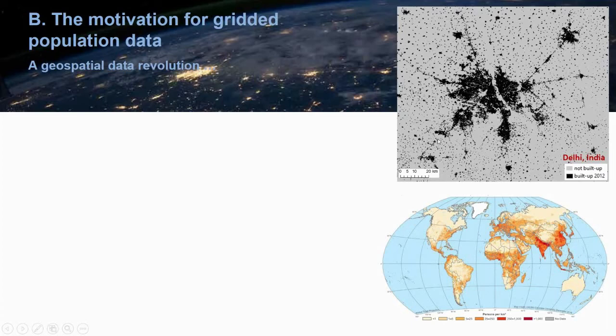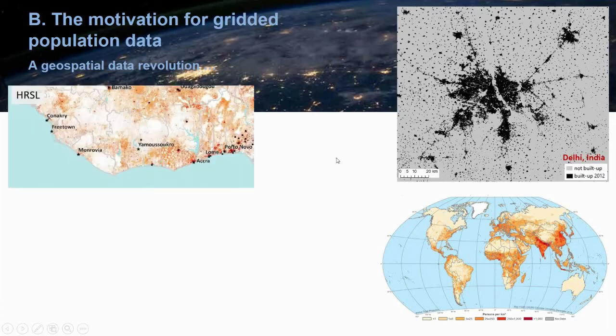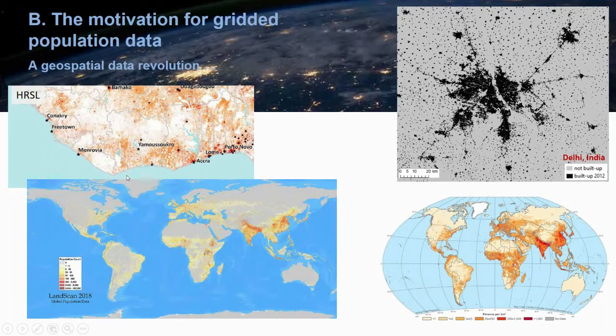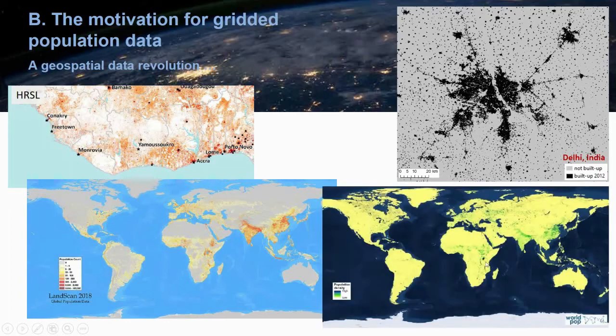The Global Urban Footprint has been used for deriving population layers. The High Resolution Settlement Layer, a collaboration of Facebook and CIESIN, to derive very fine resolution population estimates. LandScan by the Oak Ridge National Laboratory, as well as WorldPop, produced by the University of Southampton in the UK.